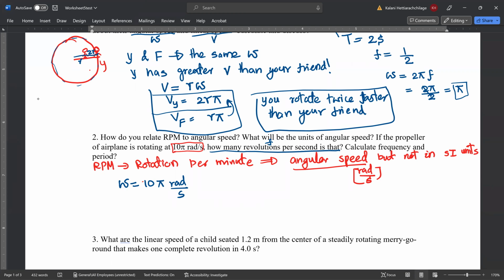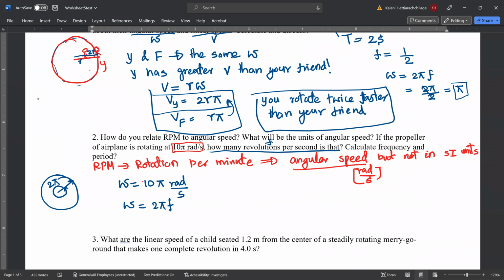So now how do you find the frequency? You remember that omega equals 2 pi times the frequency, because when you make one complete revolution, the angle that you are changing from here to here is 2 pi radians. Because of that, you can get this relation and then you can find the frequency.